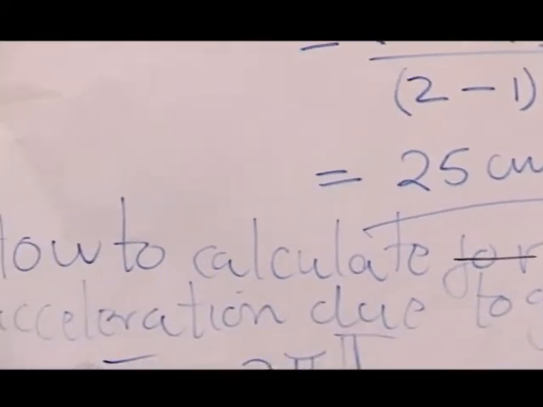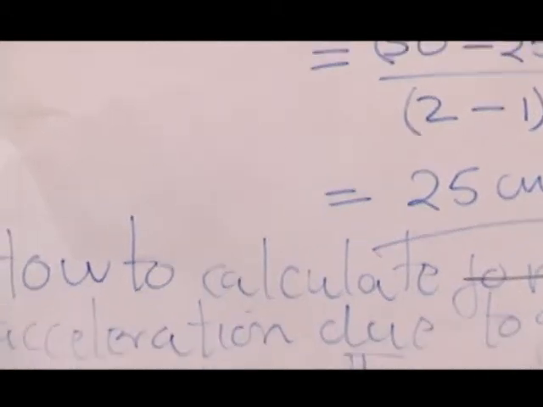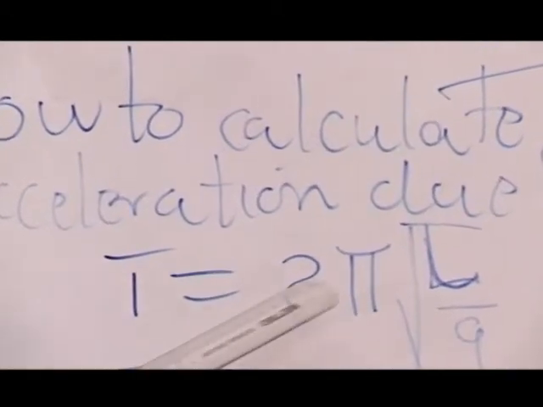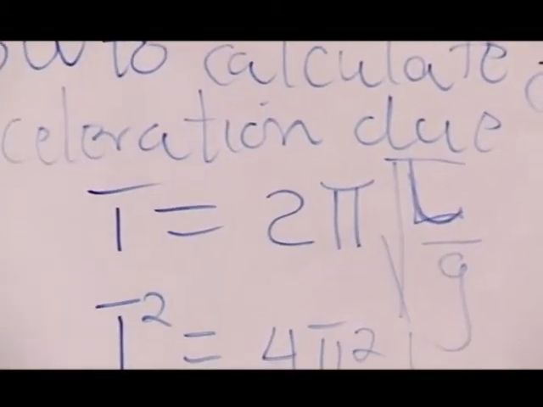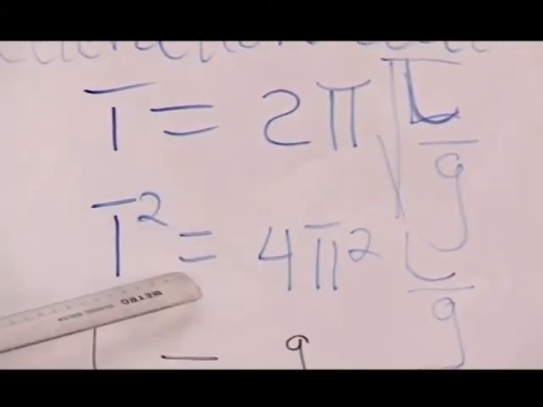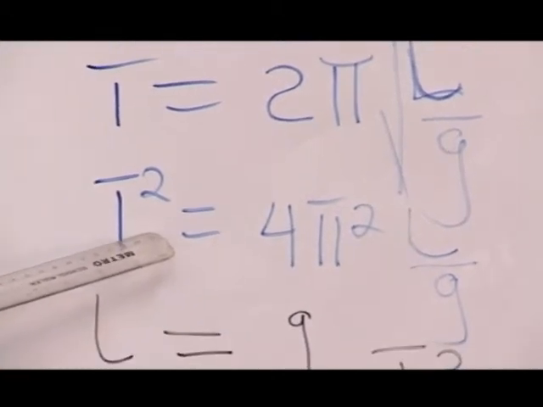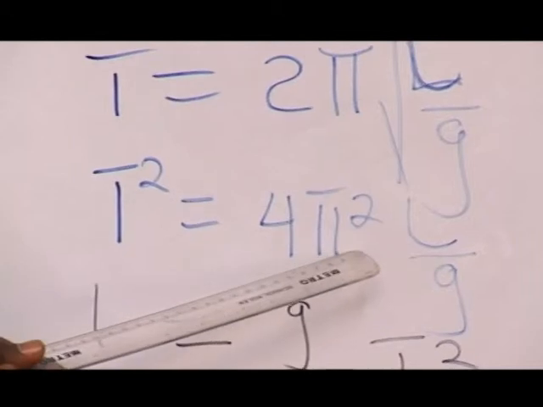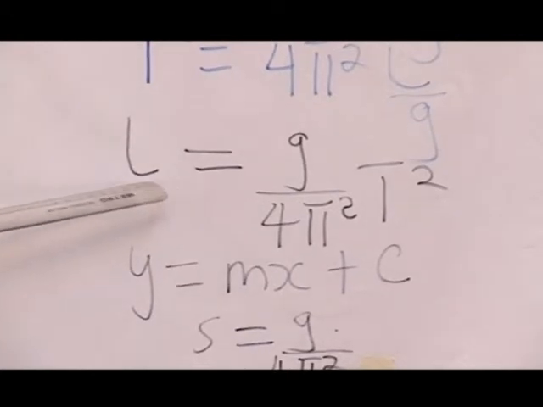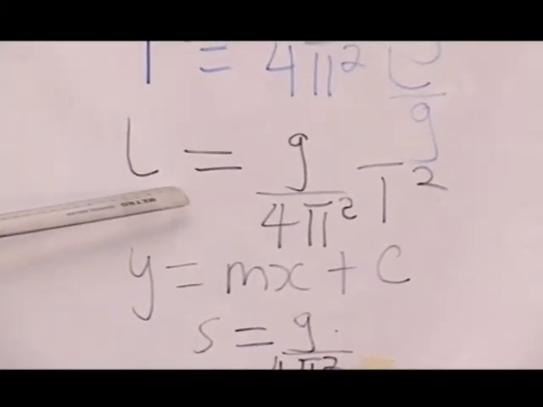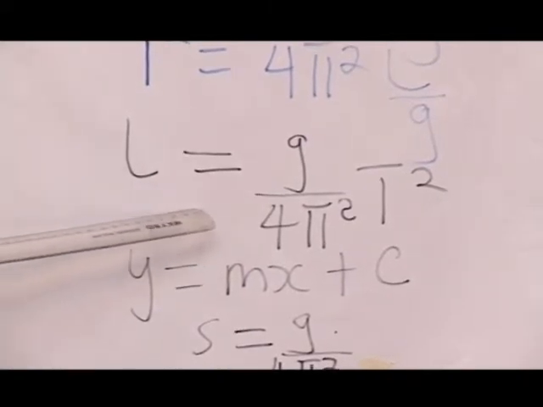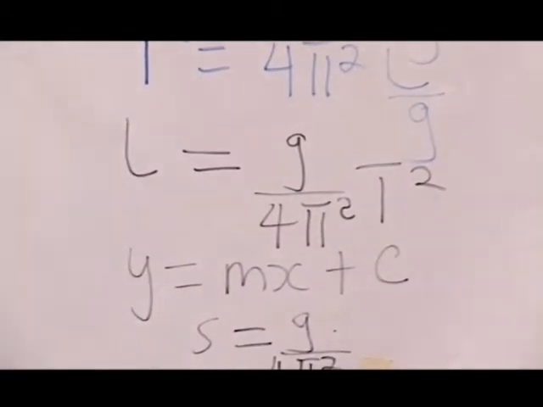How to calculate the acceleration due to gravity? This is done by relating periodic time and the length of a pendulum, which is given by this equation. Squaring, T squared is equal to 4 pi squared L over g. If you arrange the equation according to a straight line equation, L is equal to g over 4 pi squared times periodic time squared.